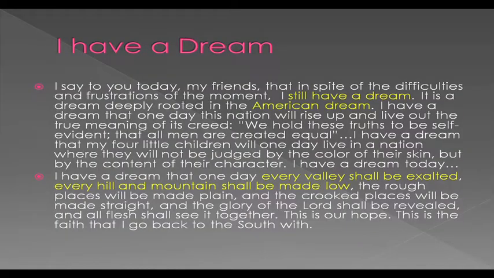"I have a dream." Now we come to the key sentence which gives this speech its title. "I say to you today, my friends, that in spite of all the difficulties and frustrations of the moment, I still have a dream. It's a dream deeply rooted in the American dream.